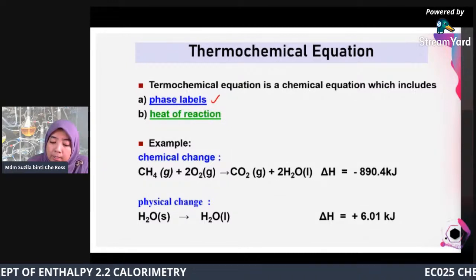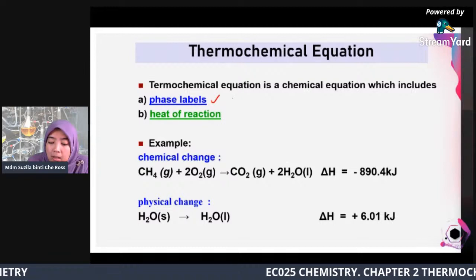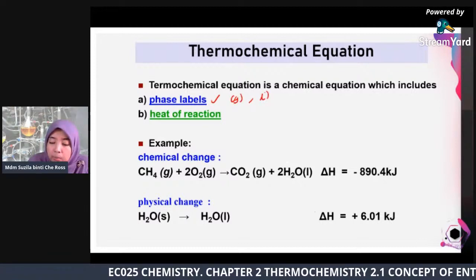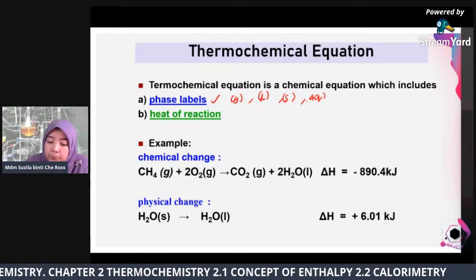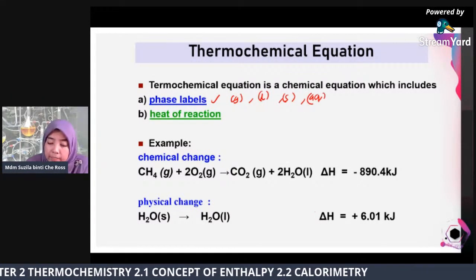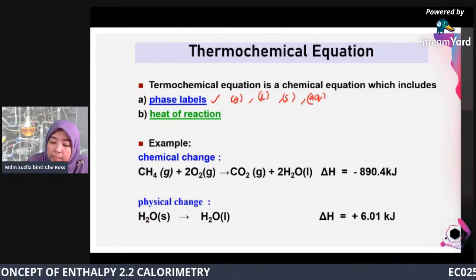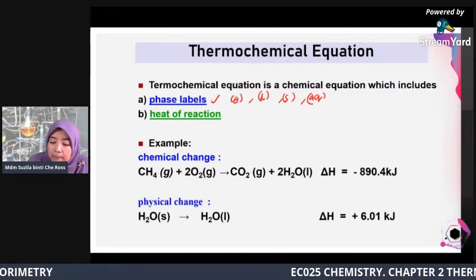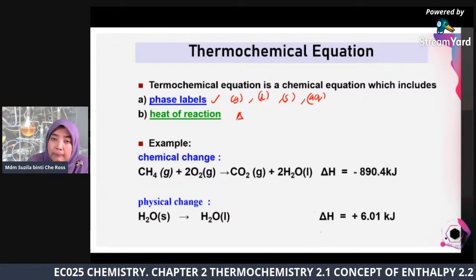Okay, phase, for example whether it is gas, liquid, solid or aqueous, you need to state clearly. And then you also need to put the heat of reaction at the end of the equation. Okay, heat of reaction means here delta H, whether delta H is positive or delta H is negative.